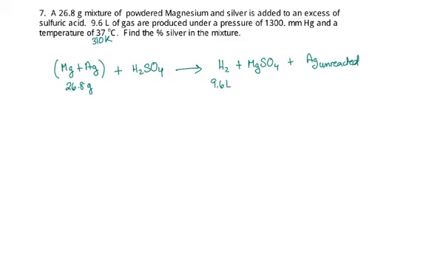If I know the grams of magnesium and the total, then I can figure out the grams of silver. Probably it would be easier to find the grams of magnesium because the magnesium reacts and produces hydrogen, and we know the amount of hydrogen. So we can go from hydrogen to moles, then to moles of magnesium, and then grams of magnesium. If I know the grams of magnesium, I can figure out the grams of silver and therefore the percent silver. I think that's a really good question.